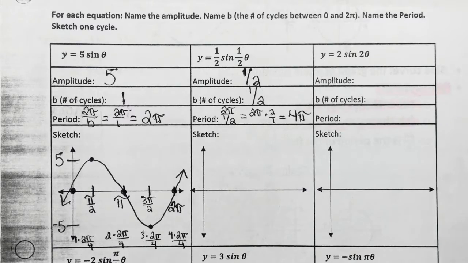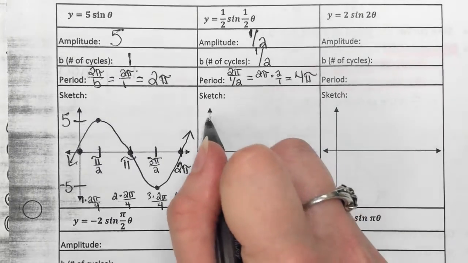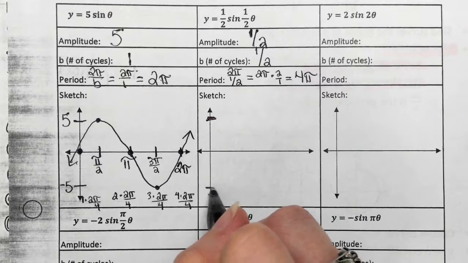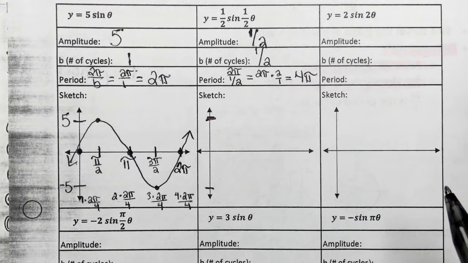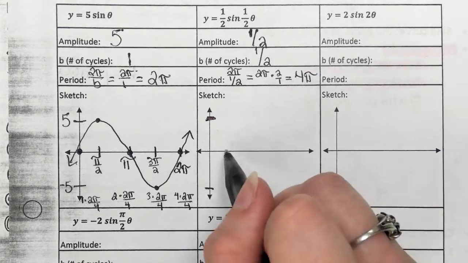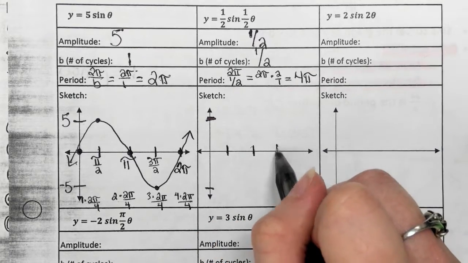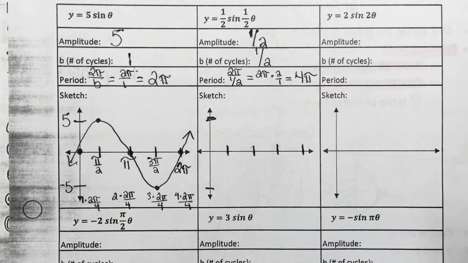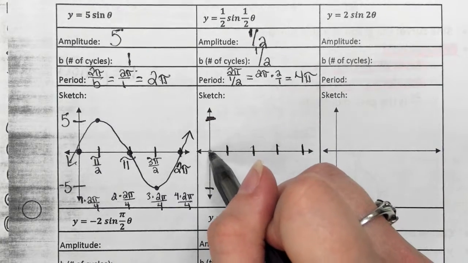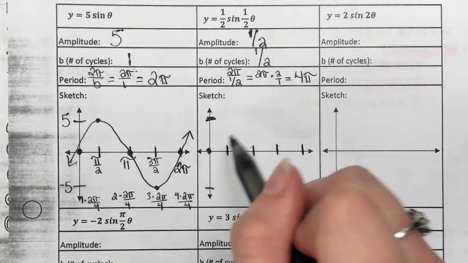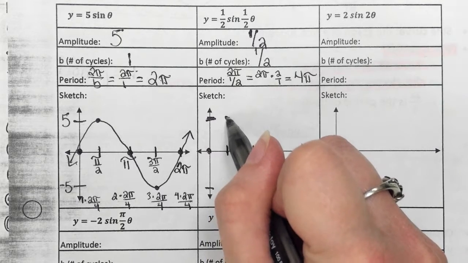All right. So every time our pattern is the same. We have 1 on the y as the maximum and 1 on the y as the minimum. And then how many tick marks do we have on the x-axis? 4. Perfect. Every time, same pattern. Where's the sine graph start? 0. And then it goes up to whatever this maximum is.